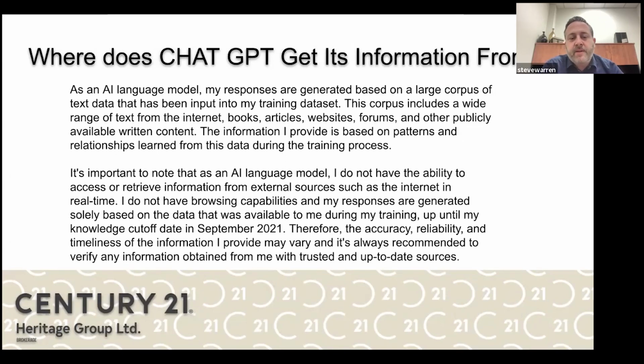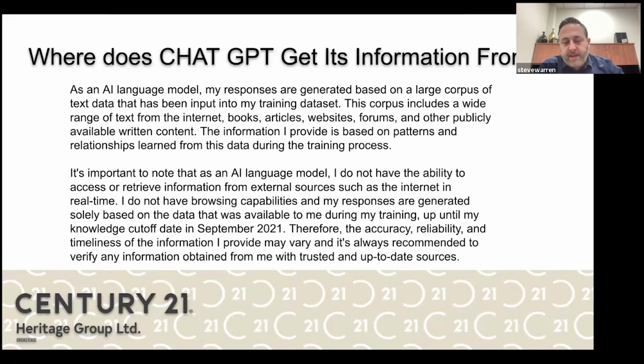It's important to note that as an AI language model, I do not have the ability to access or retrieve information from external sources, such as the internet, in real time. The reason is that the responses of ChatGPT have been generated solely based on the data that they put into the system up until September 2021.